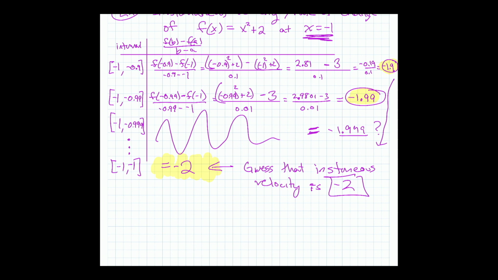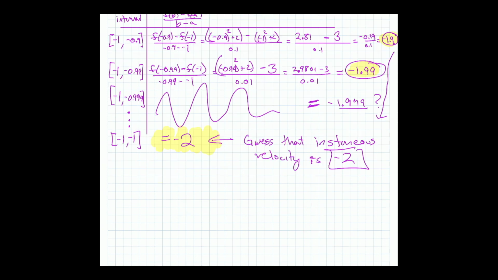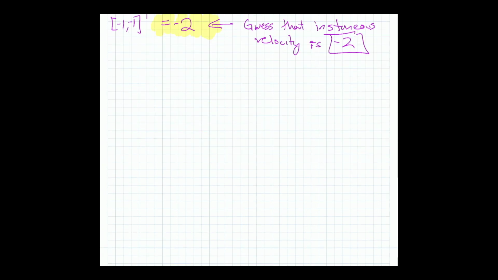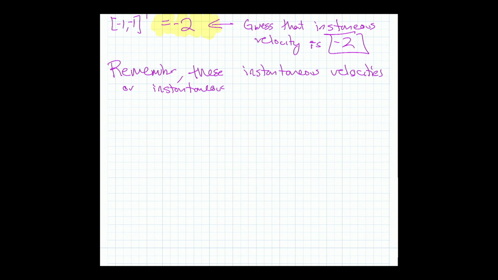All right. Now let's talk a little bit more about this conceptually. So remember that these are slopes, okay? Remember, these instantaneous velocities, we're going to call them, or instantaneous rates of change, because we're talking about plural.